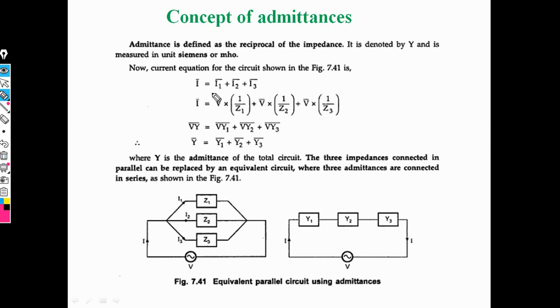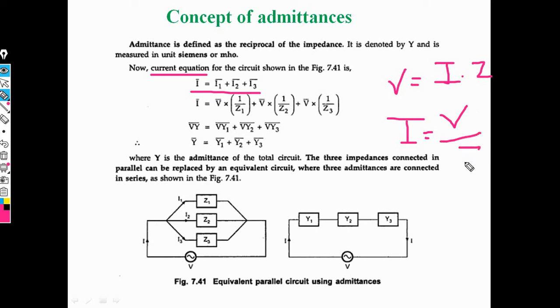Now here we need the current equation. That is I is equal to I1 plus I2 plus I3. But V is equal to I into Z, then I is equal to V by Z. Then for current I1, it is V by Z1.